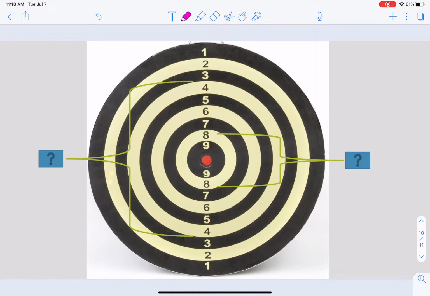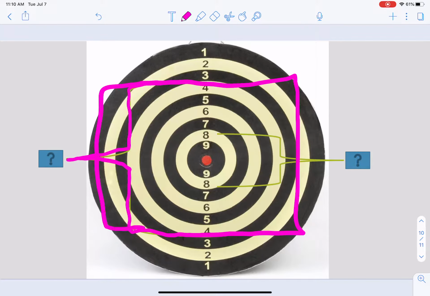Let's say that we don't care about hitting the bullseye, and somebody comes up to us and says, hey, how confident are you that you can hit the dart somewhere in this range, right? So it's somewhere kind of in this area right here. I'd say pretty confident.